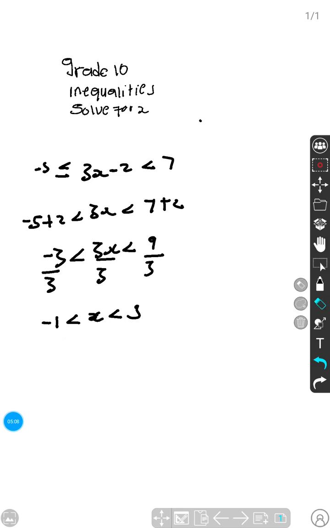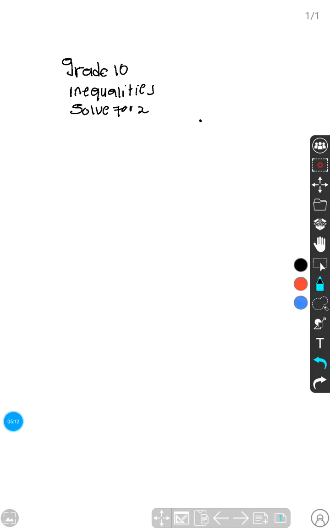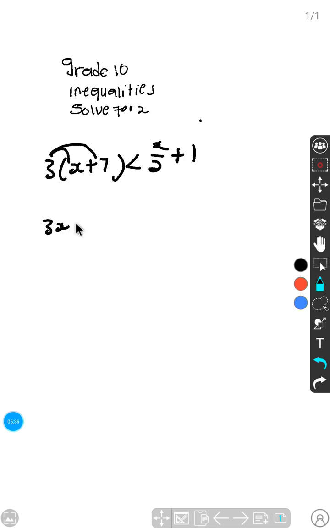Okay, let's look into another question. On this question we have 3 times (x plus 7) less than x over 2 plus 1. Okay, so we're still doing the same thing. But let's start this side first. Let's solve the bracket first. So the 3 is going to go to x and 7. 3 times x is 3x. 3 times 7 is plus 21, x over 2 plus 1.